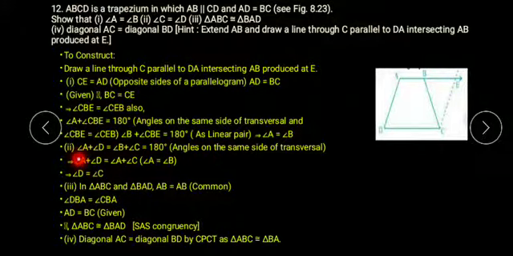So we can say angle A plus angle D is equal to angle B plus angle C. Now in the previous one we got angle A equal to angle B. So now we can replace this angle B by angle A. If I cancel both angle A, what will be left is angle D equal to angle C, which we had to prove in the second question.